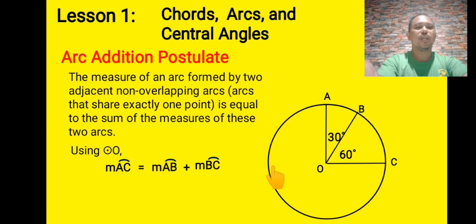Okay, let us spread. Measure of arc EC is equal to the measure of arc EB plus the measure of arc BC.